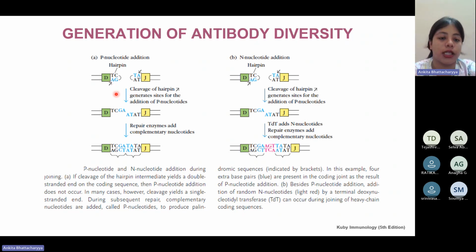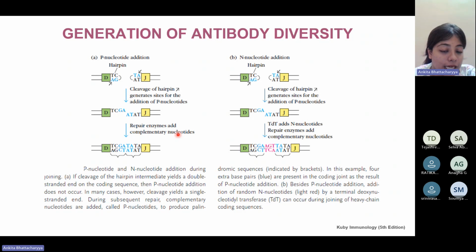What then happens is that more and more repair enzymes will come in, and they will start adding nucleotides randomly. After addition, there can be, okay, we'll come to that later. Let's go through the legend first. If the cleavage of the hairpin intermediate yields a double-stranded end on the coding sequence, then P-nucleotide addition does not occur.